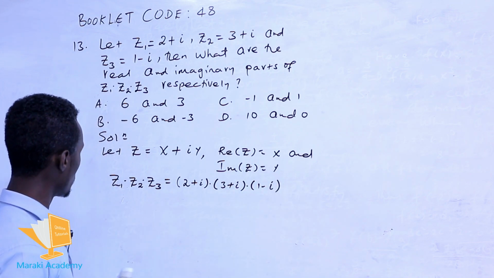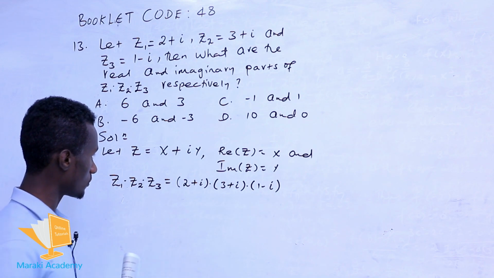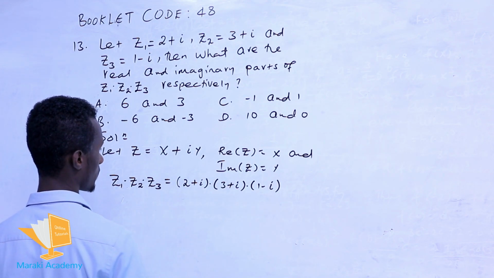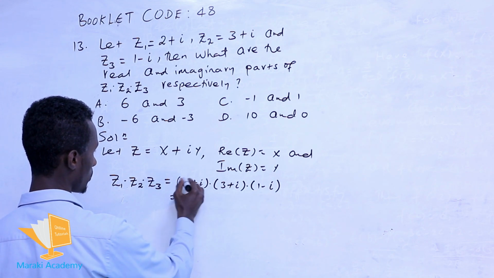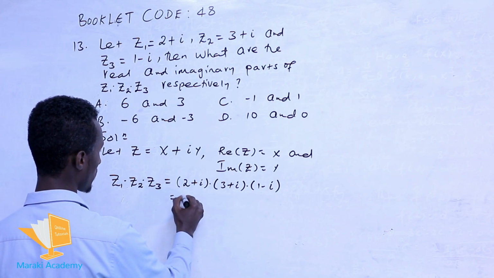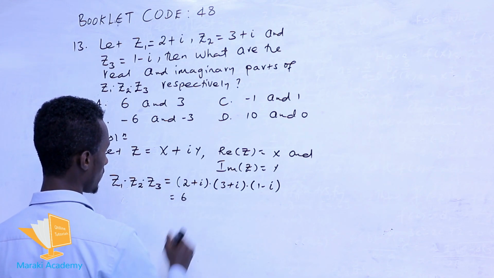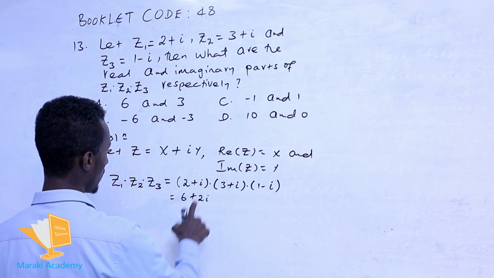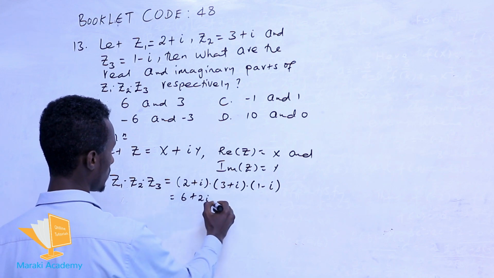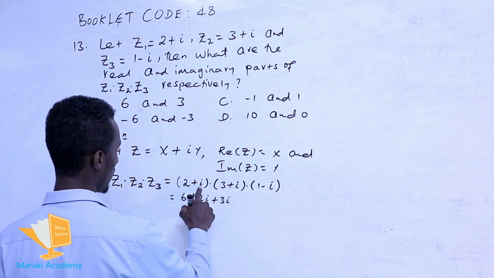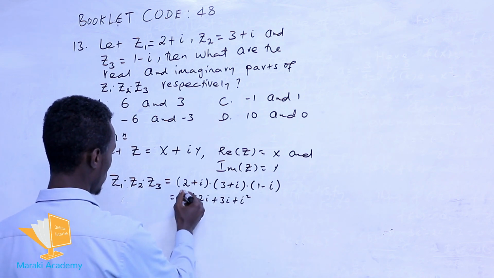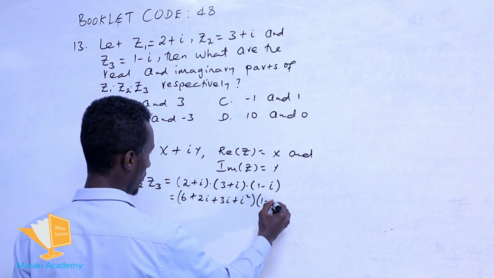First, let's multiply z1 with z2. 2 plus i times 3 plus i. 2 times 3 is 6, 2 times i is 2i. Again, i times 3 is 3i, and i times i is i squared, into 1 minus i.